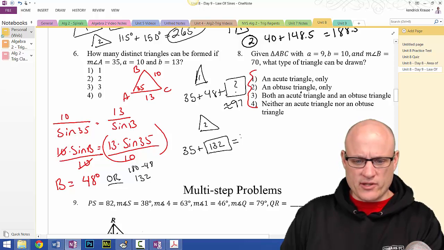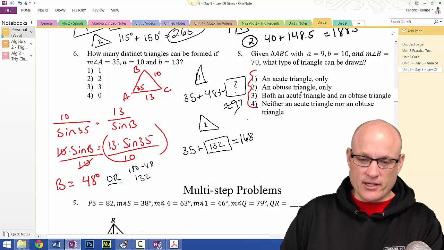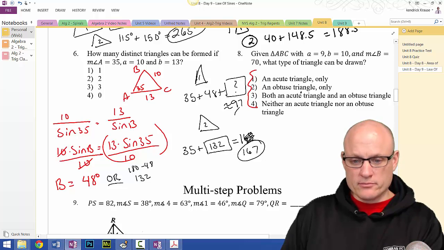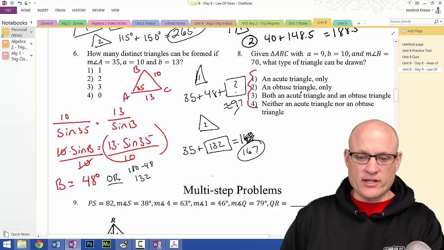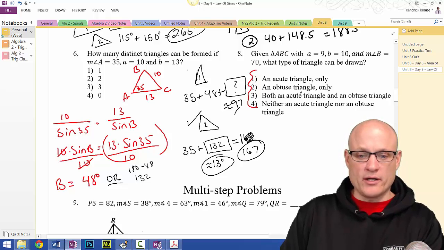Well, this adds up to 167. Doesn't that leave me, I still have 180 degrees, so that leaves me approximately 13 degrees for that last angle. So yeah, I can make 2 triangles. I can make 1 and I can make 2. So the answer to this question is 2.